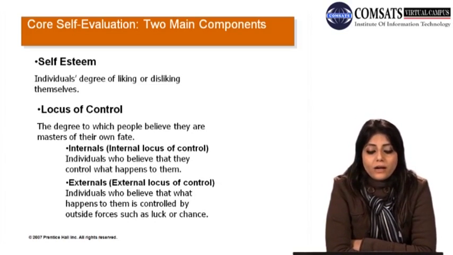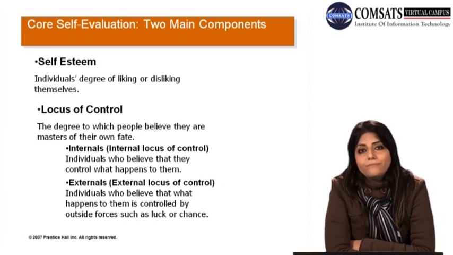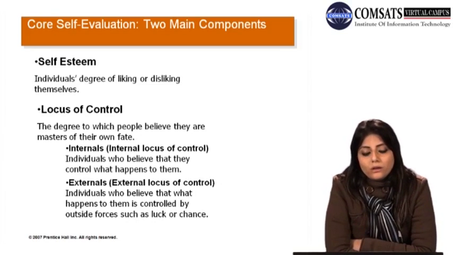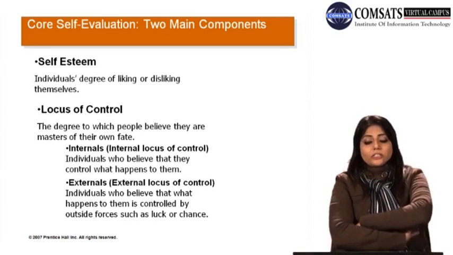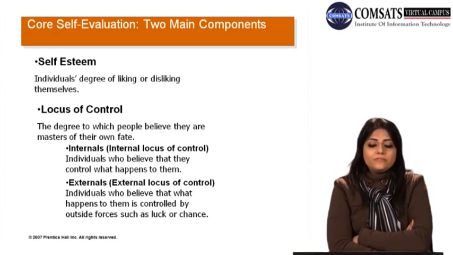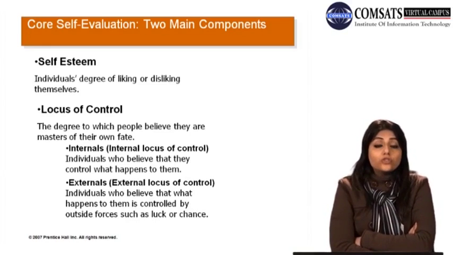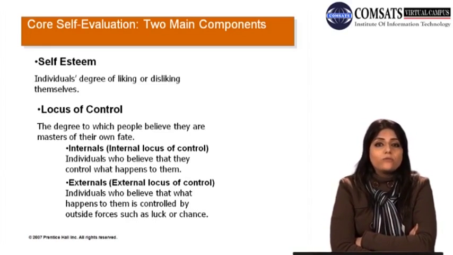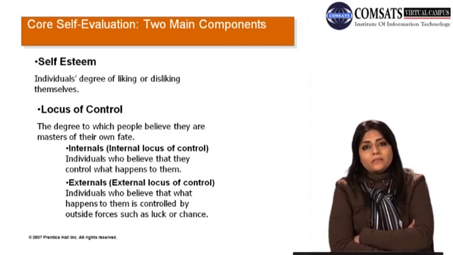So herein we have the locus of control. The individuals who are high on internal locus of control basically believe that they can control their external environment, or that they are the masters of their own happiness.